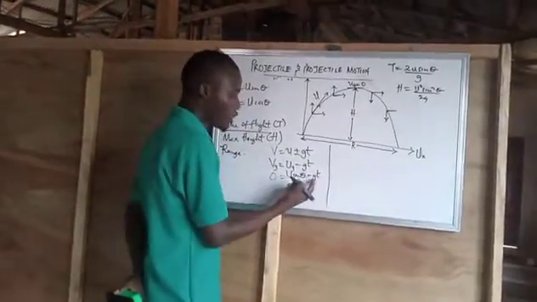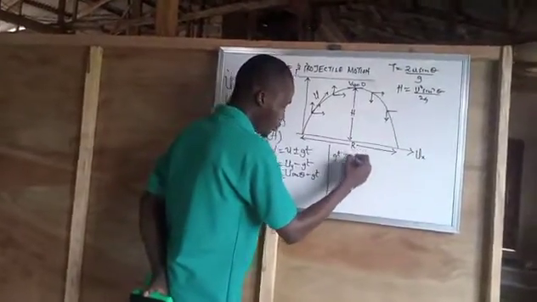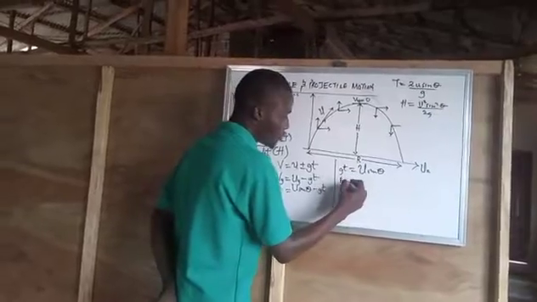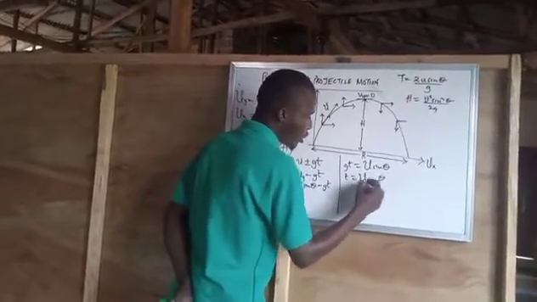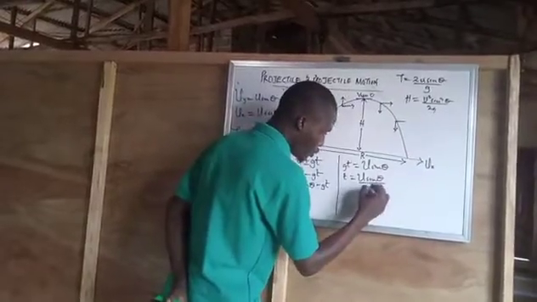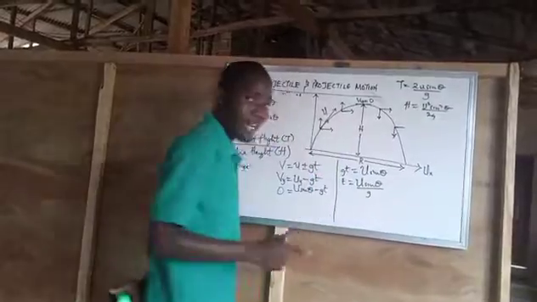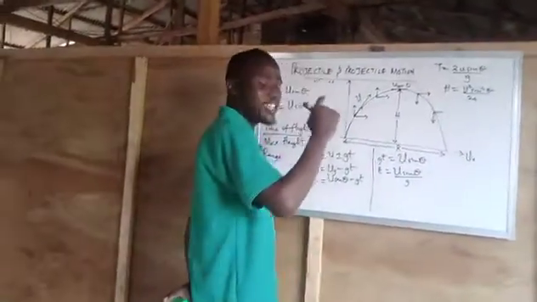From there now, we can make it the subject of the formula by saying gt = u sin θ. Then our small letter t becomes, dividing both sides by g, u sin θ all divided by g. Now that is the time taken to reach maximum height. Time of flight is twice the time taken to reach maximum height.